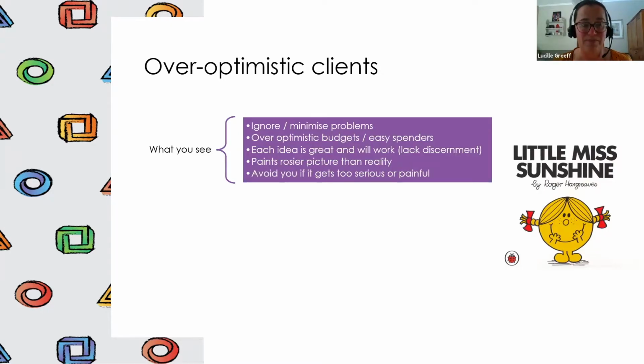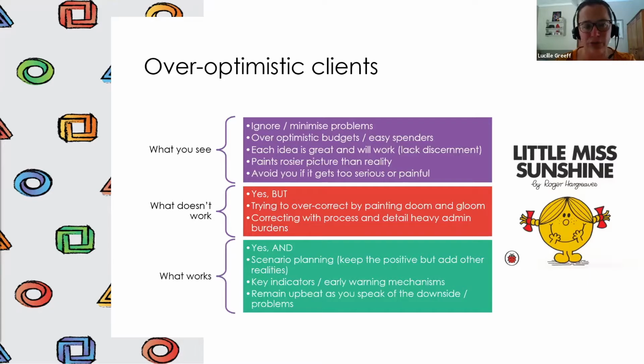Now, if you're working with these kinds of clients, and Coral, you can put both the next blocks on for me. Just two things. What should we do? What should we not do? The first thing is, if you try and overcorrect their optimism by being all doom and gloom, they're going to run away because you're not seeing possibility.